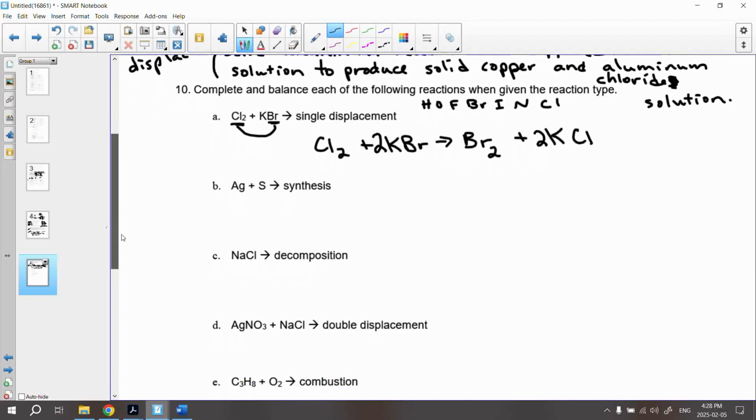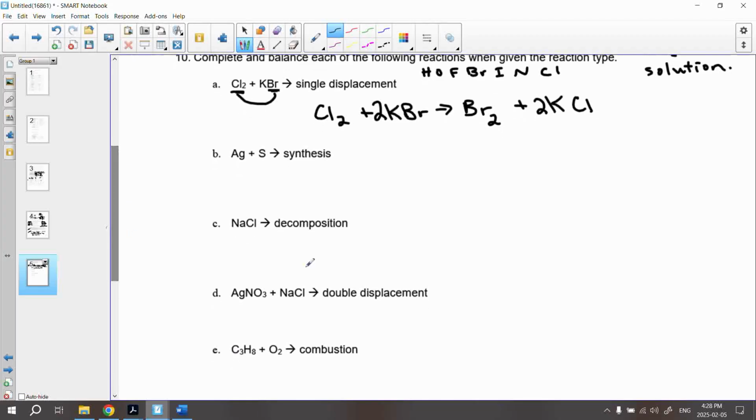Okay, so another easy one to do, if you were doing this one, your products are going to be the outside ions are going to make a compound, the inside ions are going to make a compound. Here, combustion, you always know what the products are. Go back and look at our notes. We outlined that combustion always has the same 2 products.